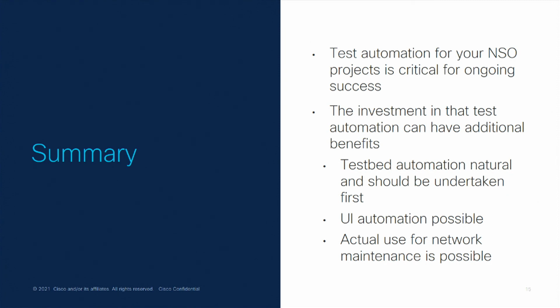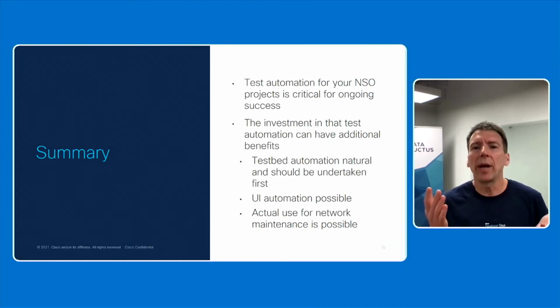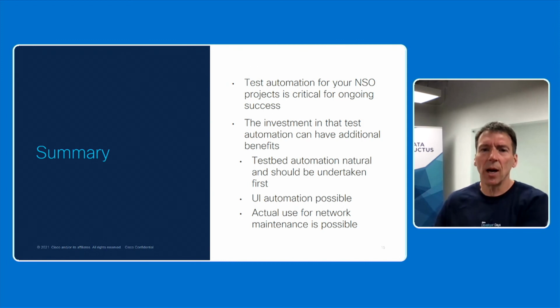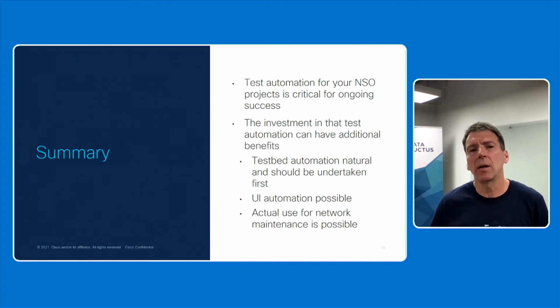But with that investment in your test automation, you can leverage that into some other benefits, such as testbed automation is a natural. If you have a complex setup from development to staging, pre-production perhaps, and then into production, there are a number of servers there, a number of systems, and you could really leverage what you've done to access those and work on the maintenance of those or those tasks that you really just don't like to do by hand.